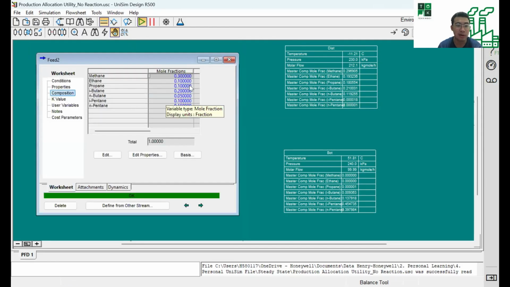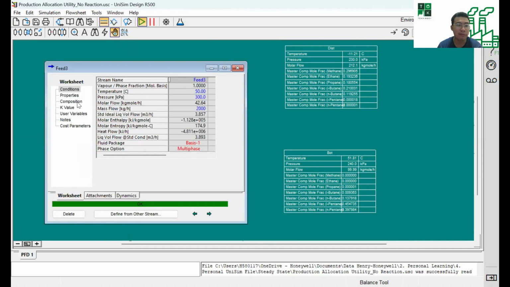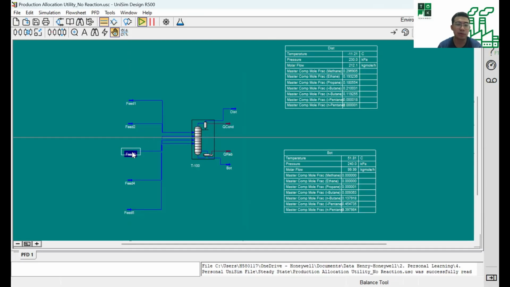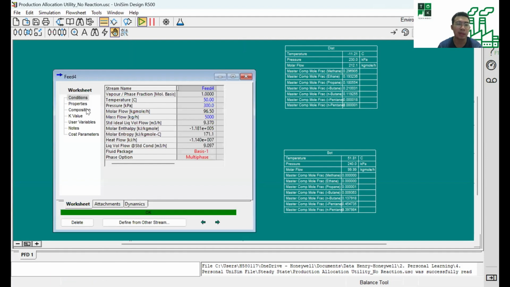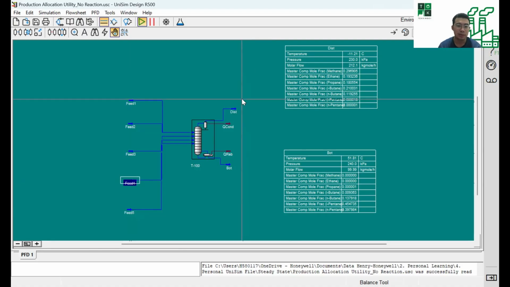So some have bigger methane, some have bigger methane and ethane. So the composition is also varied between each feed. Some dominate in the C2, C3. So I want to know the contribution of each feed to the product.